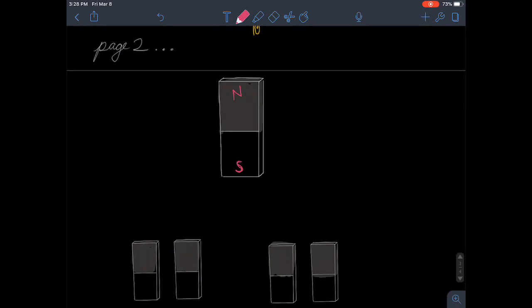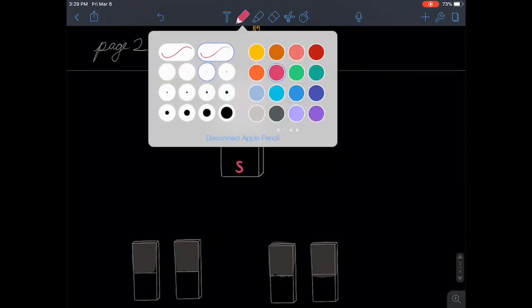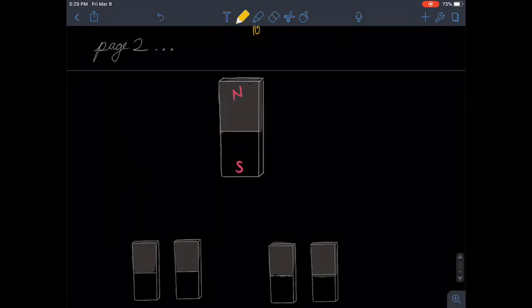It'll become more obvious why we're using this north and south pole now, because what we find is that when we have a magnet, we have a magnetic field that starts to form around the magnet. The way that the magnetic field forms is that it travels from the north pole down to the south pole, and then it enters at the south pole.